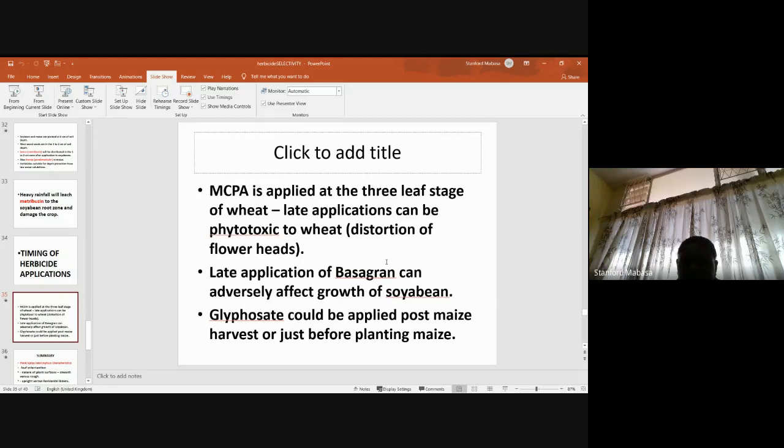Now, as for glyphosate, we can use it post-maize harvest, after harvesting maize, to kill probably Cynodon, or we can bring it forward: you apply it first before planting maize to avoid damage to your crop.